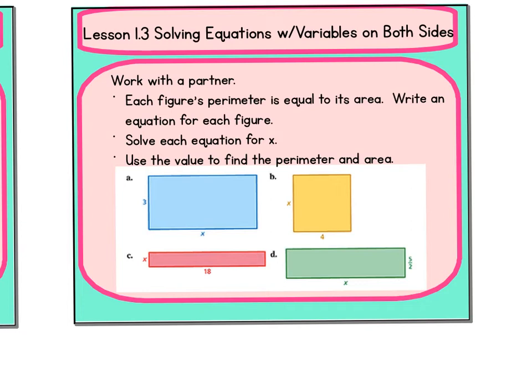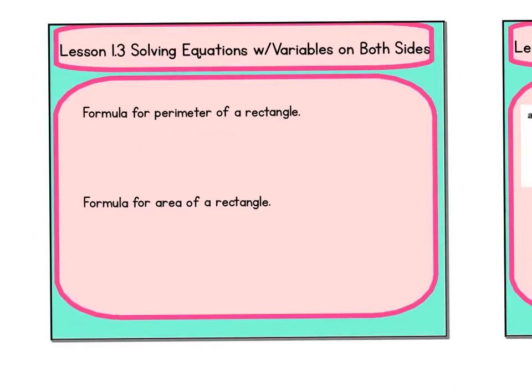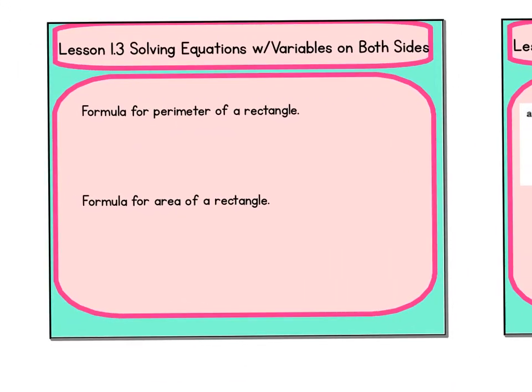To start, we did an activity where we looked at various figures, and they said specifically that each figure's perimeter was going to be set equal to the area, and we had to come up with that equation for both of the figures. Before we could do that, we went through how to find perimeter and how to find area.